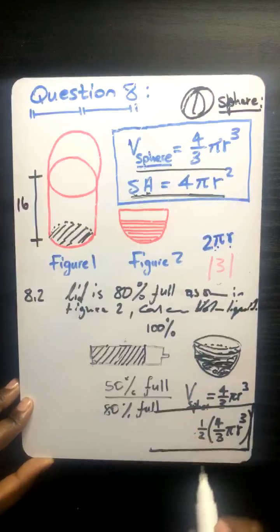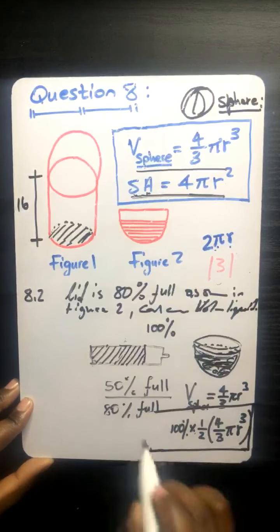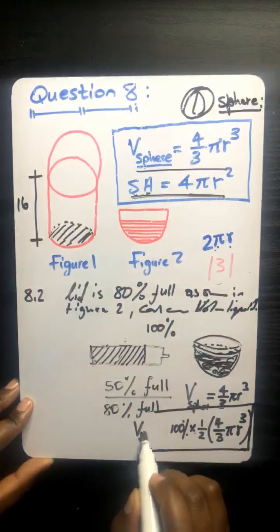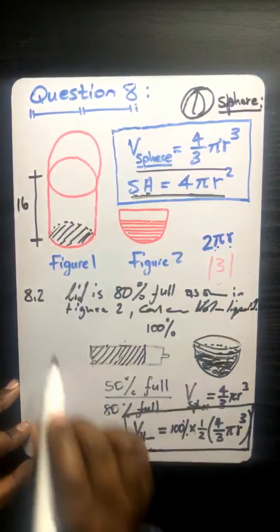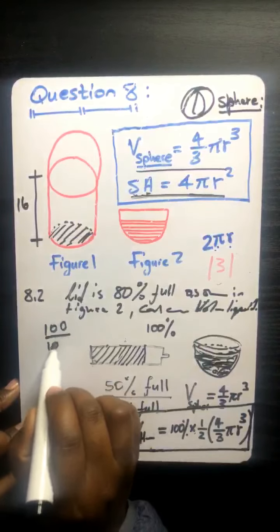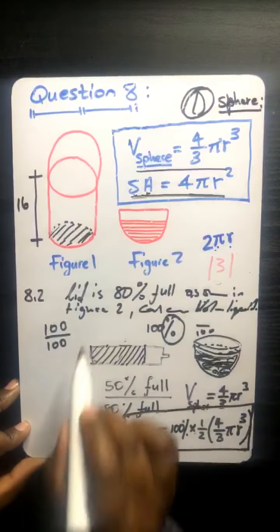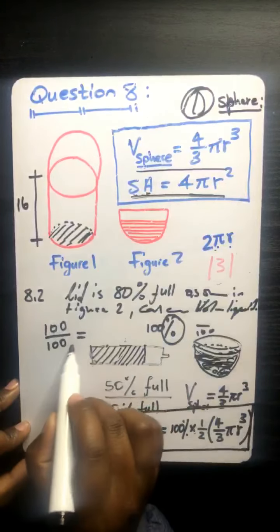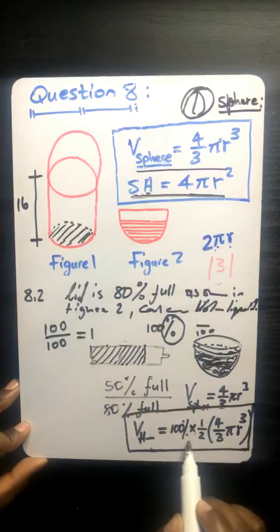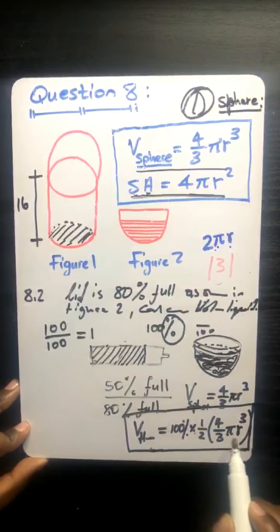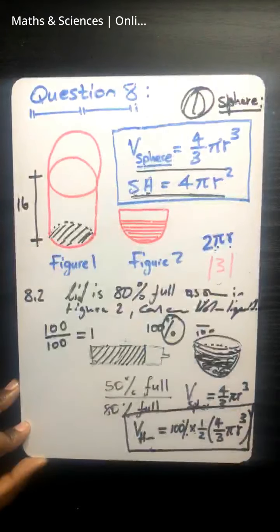If it's 100% full, that will be the volume of the hemisphere. Remember, guys, 100% is actually 100 over 100. Percentage means over 100. So what is 100 over 100? It's 1. So the 100% that I added to that formula makes no difference, because it's 1 times half of that, which remains exactly as it is.